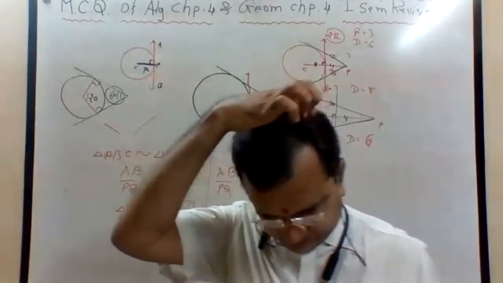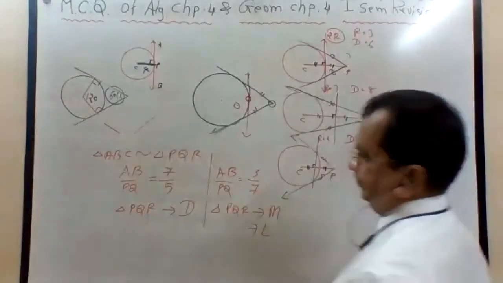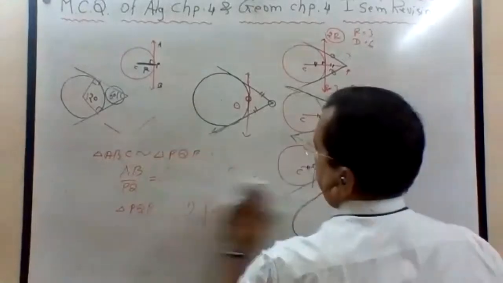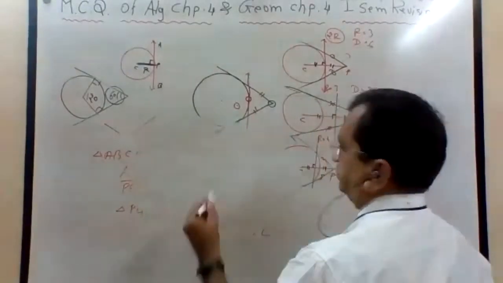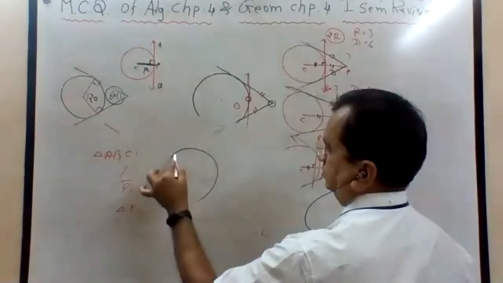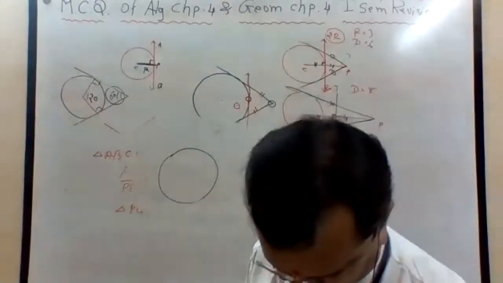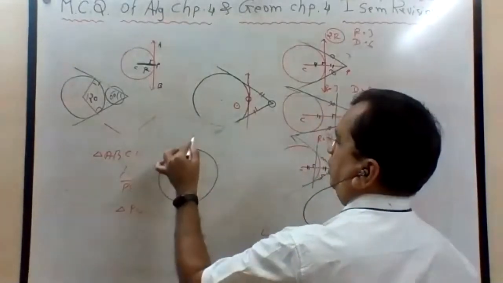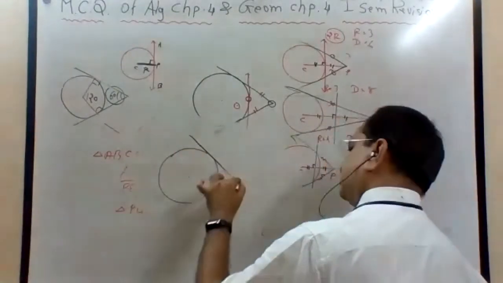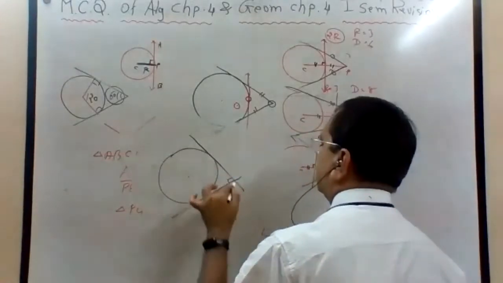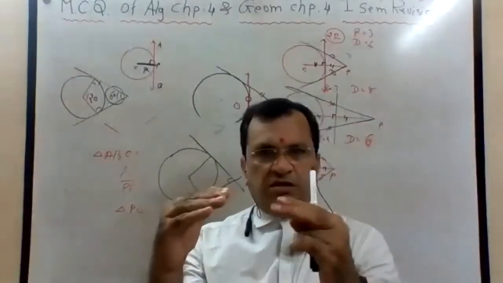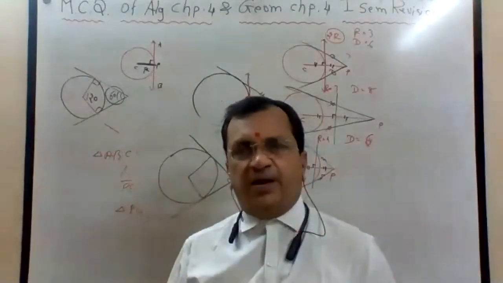Now one more question. The central angle is 90, or the angle between two tangents is 90.